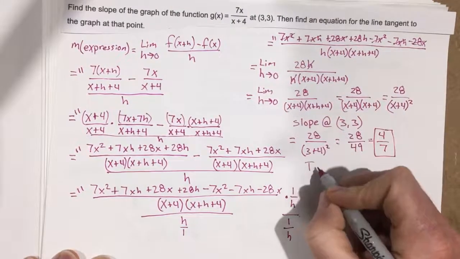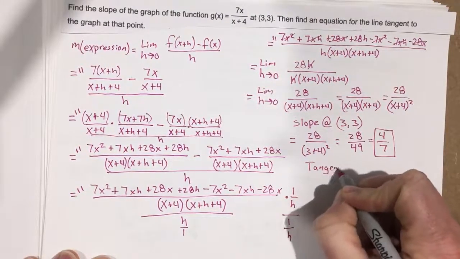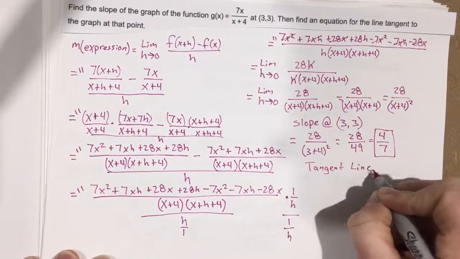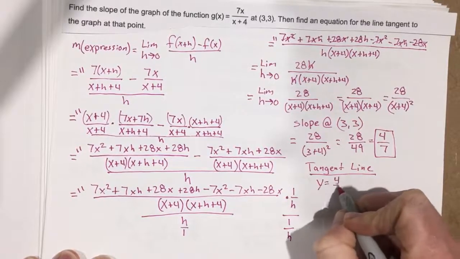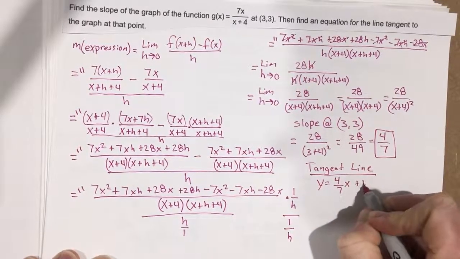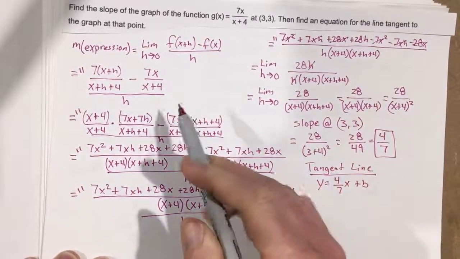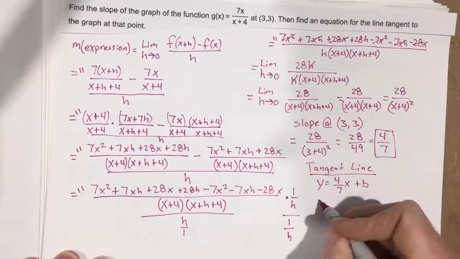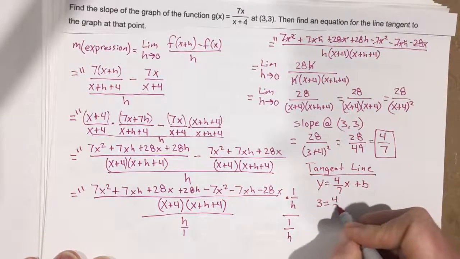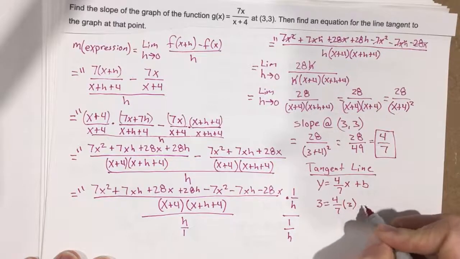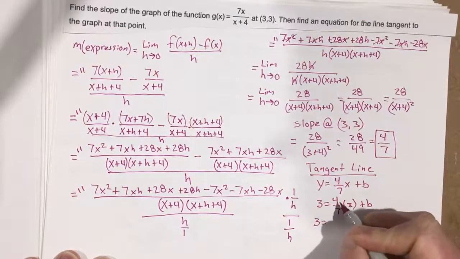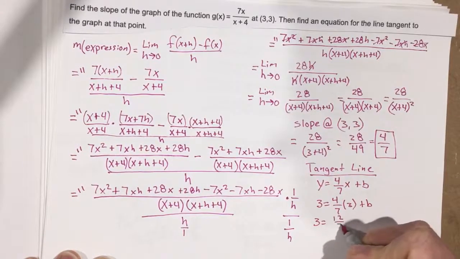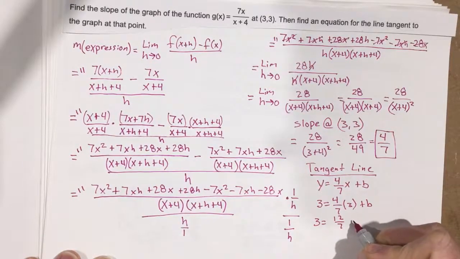Now I want to find the tangent line. So I take this slope and plug it into slope-intercept form. And now I'm going to plug in the coordinate (3, 3). So I get 3 equals 4/7 times 3 plus b. 3 equals 12 over 7 plus b.